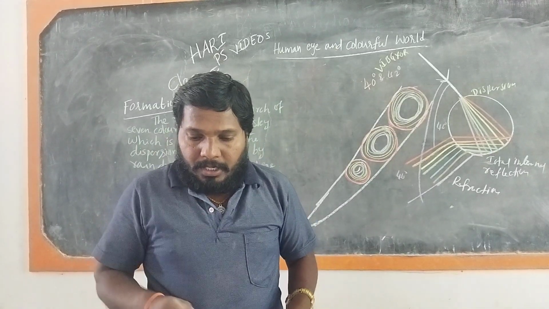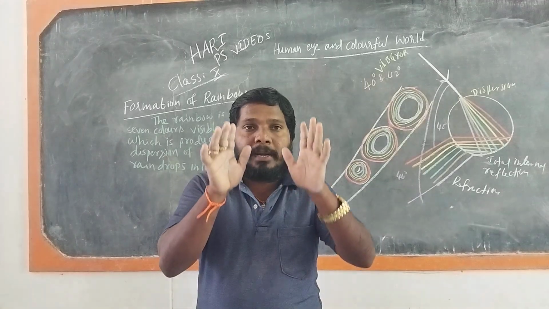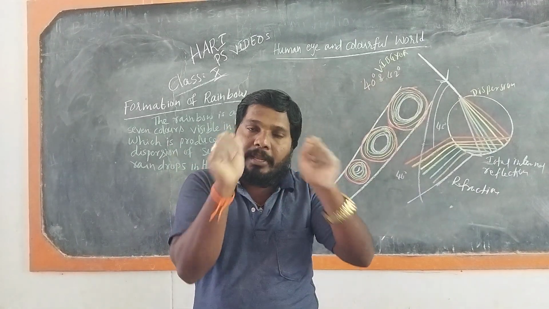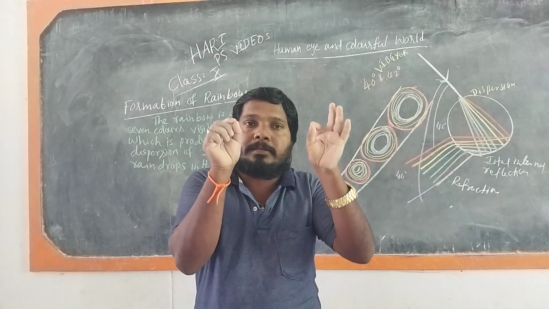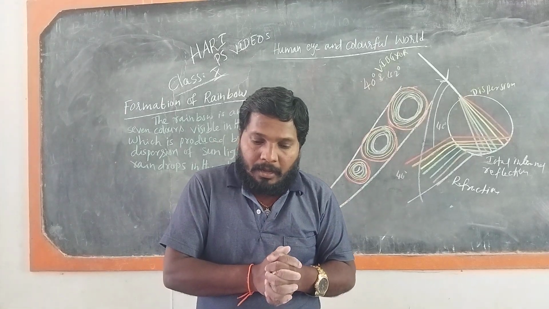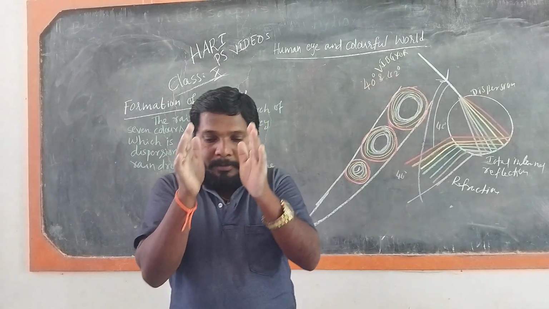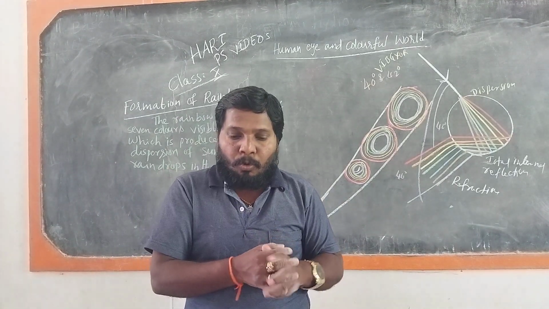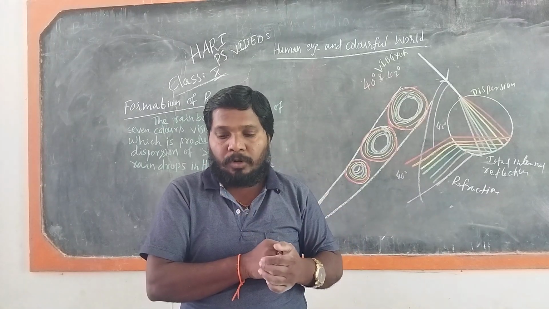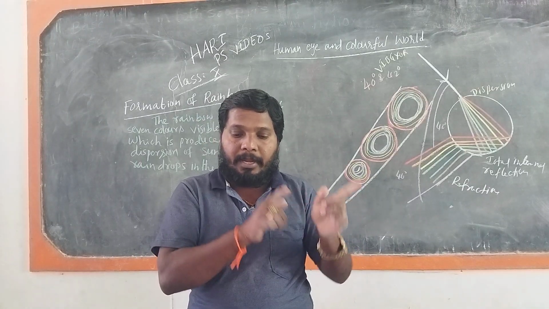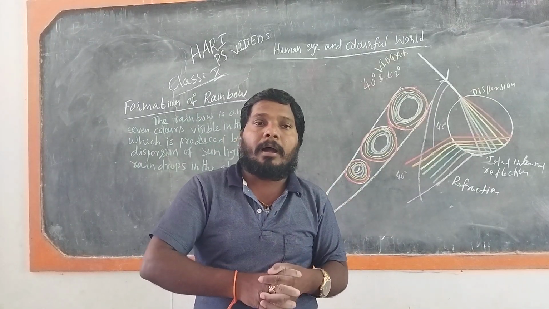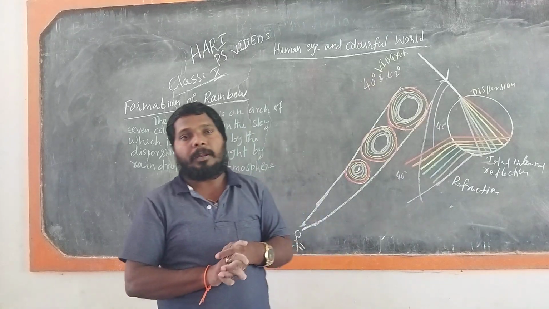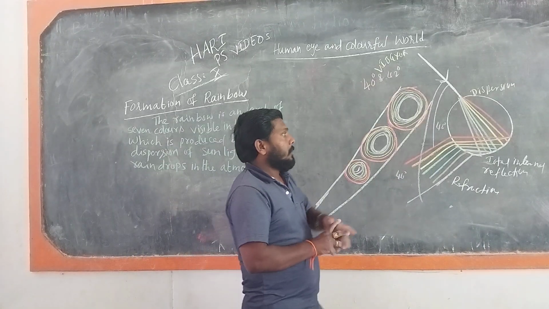Each drop disperses a full spectrum of colors. Every raindrop disperses the full spectrum of colors. An observer is in a position to see only a single color from any drop, depending upon its position.